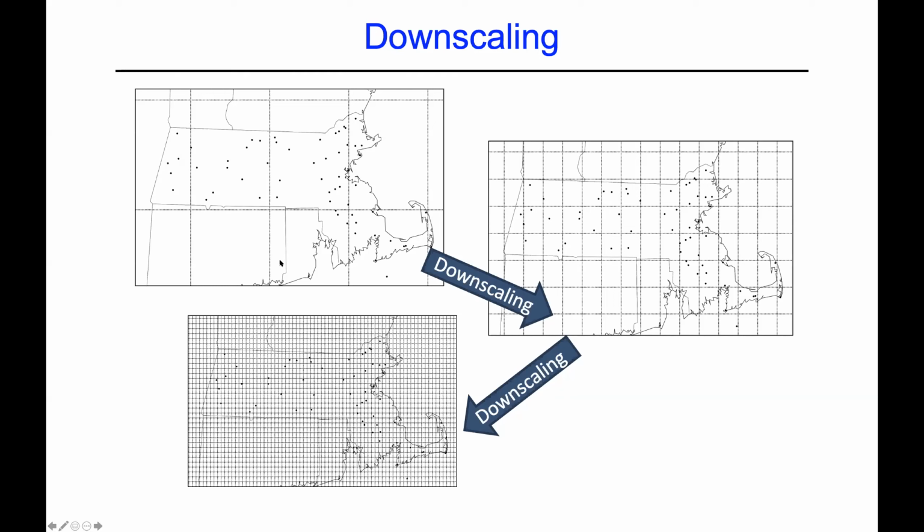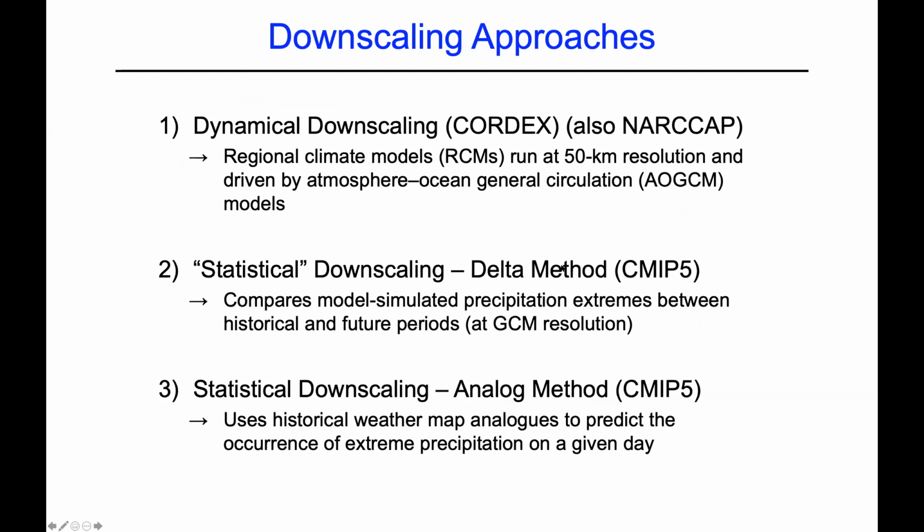So keep those scales in mind as we move forward. As I said, in our approach for evaluating things, we looked at 3 approaches of downscaling: the dynamical approaches, and then really 2 statistical approaches. The middle one, number 2, is pretty much as simplistic as you can get.